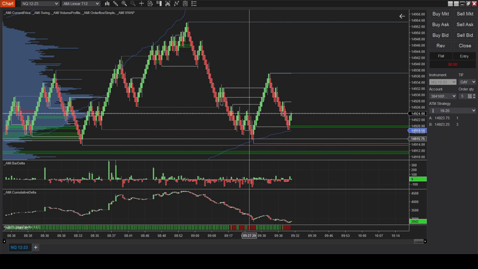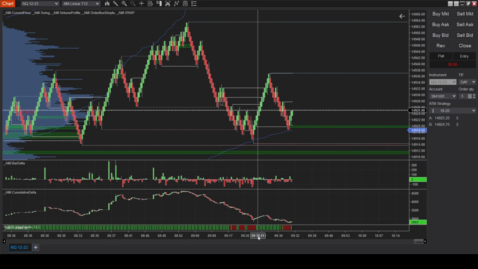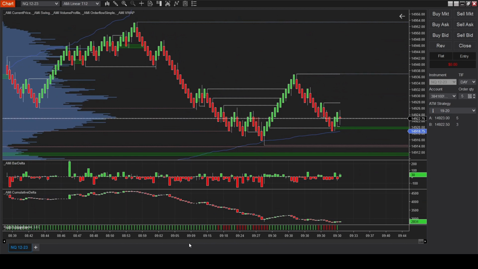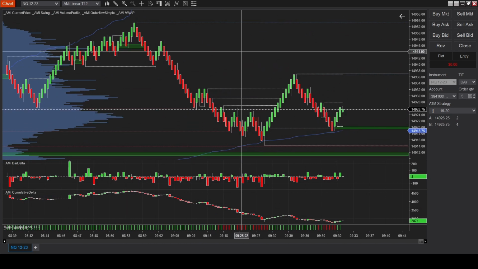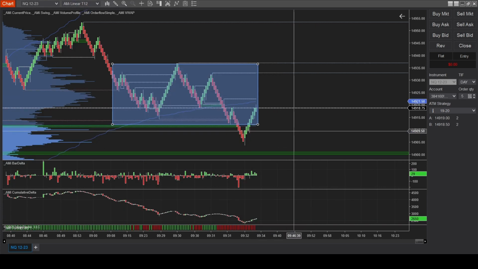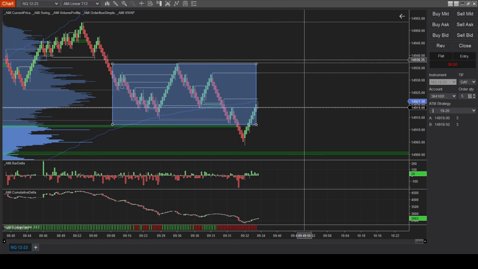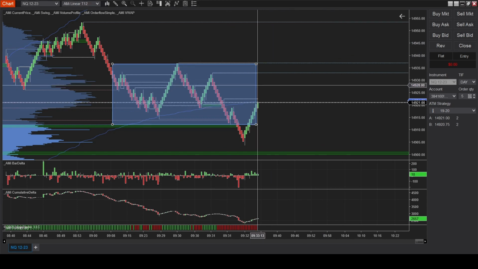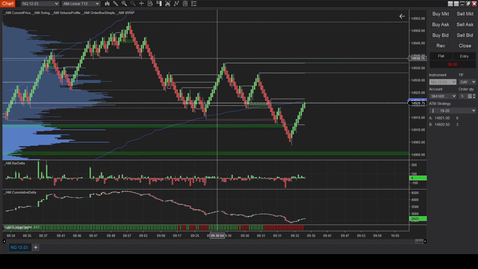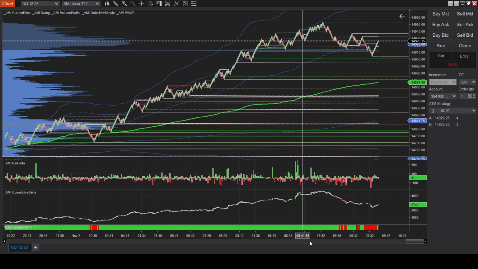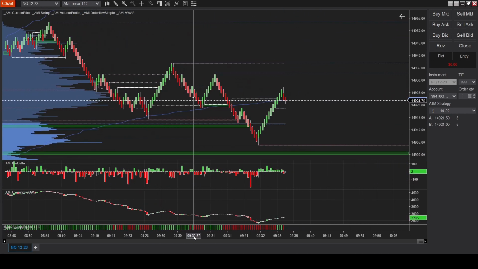Market coming back into this chop area. Price moving pretty slow in my opinion. Pretty stagnant. We're just 3 minutes in.